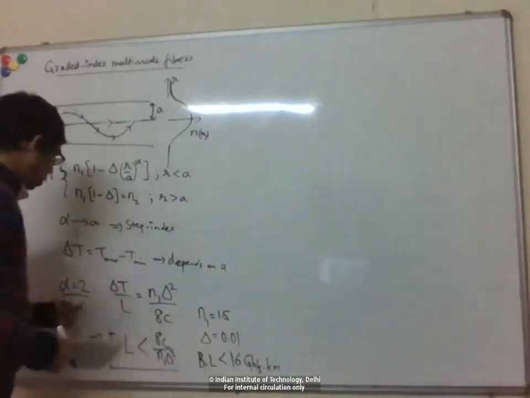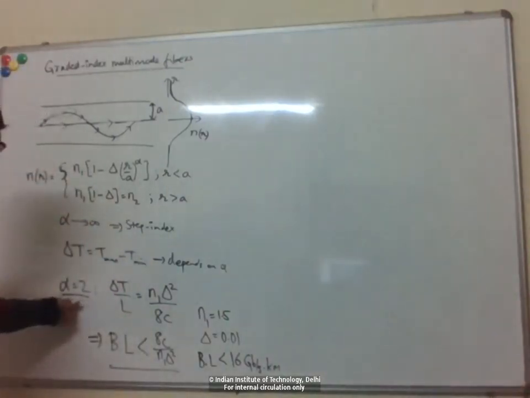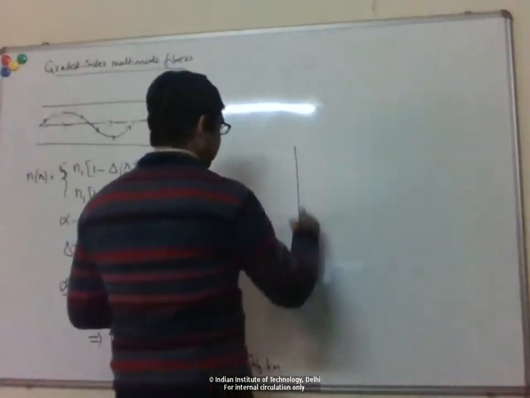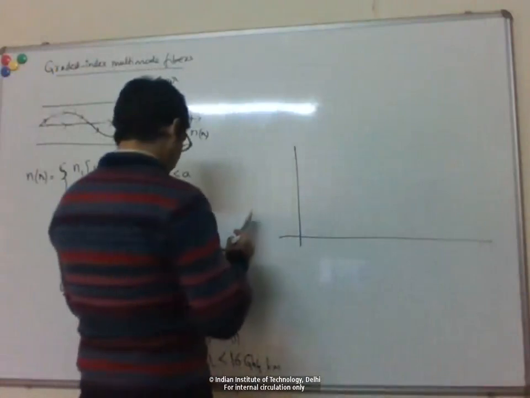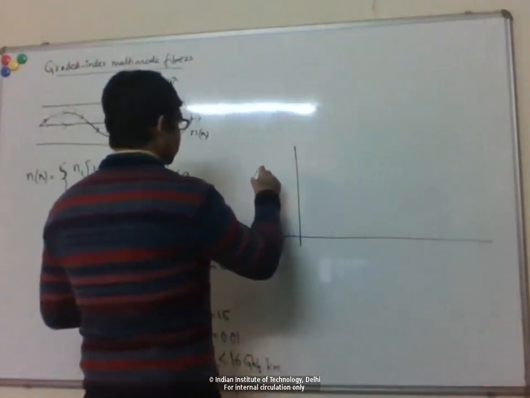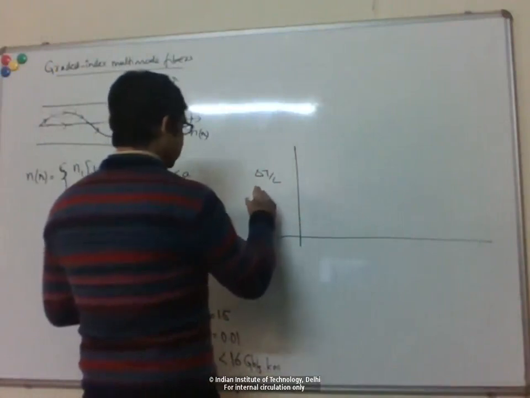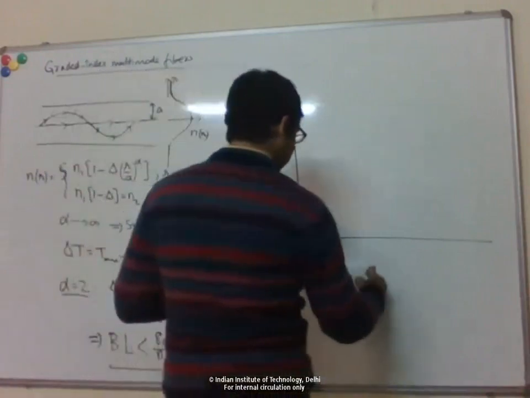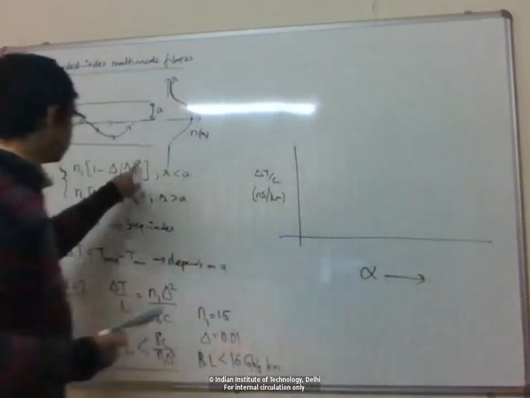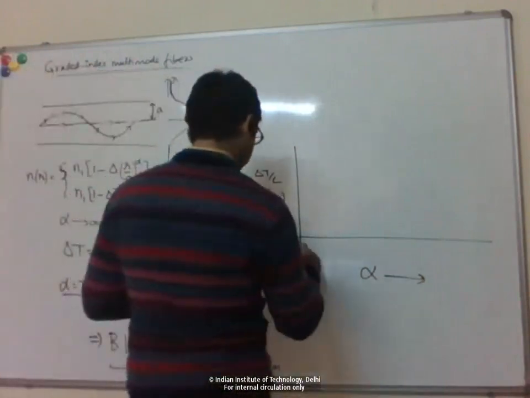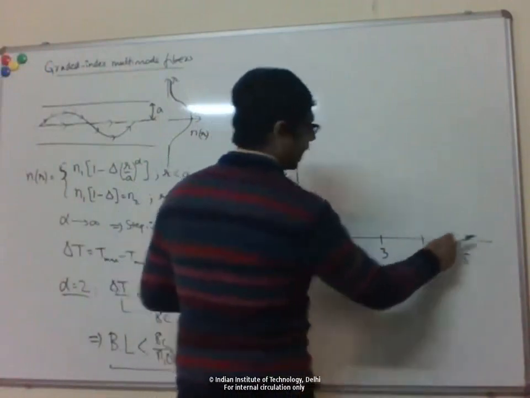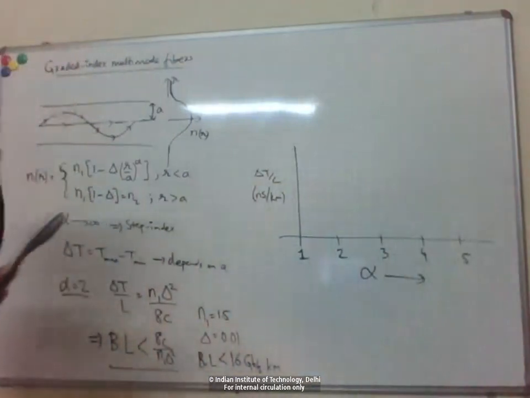And alpha equal to 2 is not only useful because we can get an analytic solution, but also because it actually turns out this is the optimum. If you calculate this dispersion delta T over L, in nanosecond per kilometer, as a function of alpha, the exponent of the power law, then for very high values of alpha, you approach the step index case.